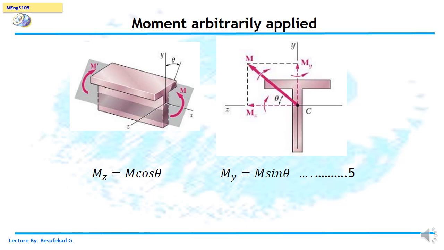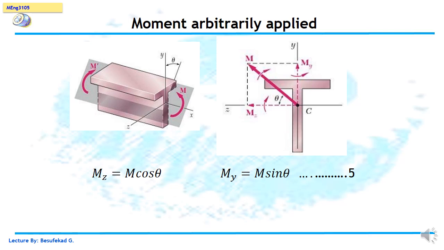Now what are the directions of My and Mz? Clearly, My and Mz are acting in the direction of the principal centroidal axes. Because they are acting on the principal centroidal axes, I can freely use what?